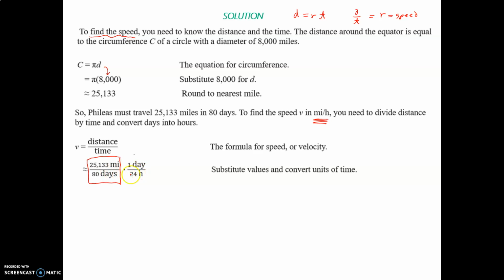So I'm not changing the value of this first fraction, I'm just changing the way it looks. The word days is going to cancel with the word days, and then I'm going to multiply the tops and get 25,133 divided by whatever 80 times 24 is, and I get 13 miles per hour. So that is how fast the hot air balloon would have to go around the equator of the Earth to make it around in 80 days.